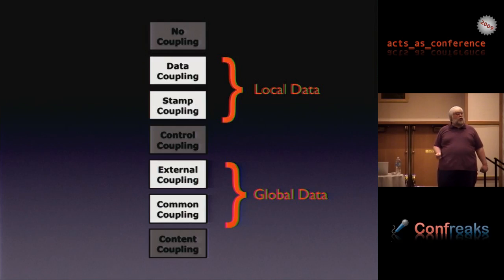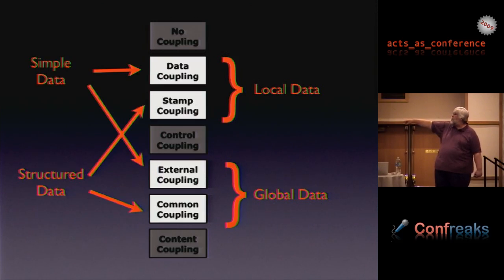If they share local data, that would be like passing parameters into a method. That would be local things just shared between the two. Nobody else knows about that data, and it's private between them. That would be local data. The finer differentiation between these is based upon simple data versus structured or more complex or composite data.